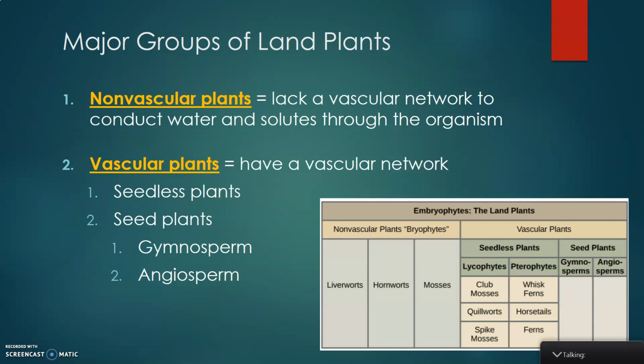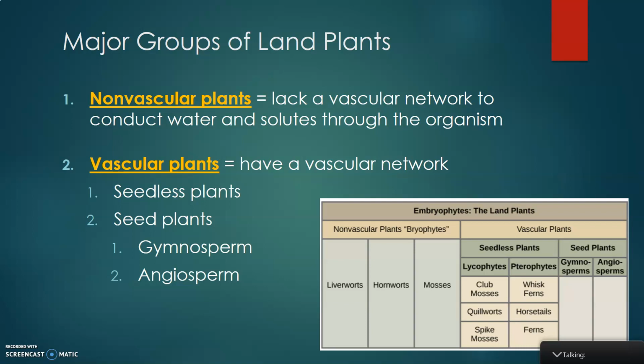And so there are two major groups of land plants. There are non-vascular plants and vascular plants. The difference between these two is whether or not they have a vascular network, or basically a network of tubes that are designed to conduct water and solutes and other nutrients throughout the organism. So the non-vascular plants do not have this vascular network to transport water, whereas vascular plants do.